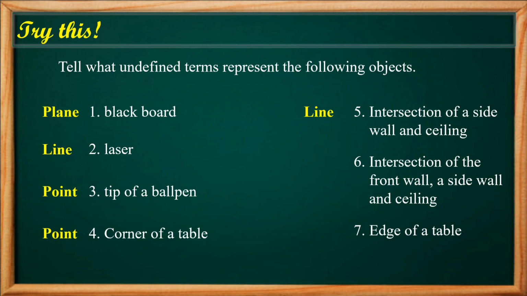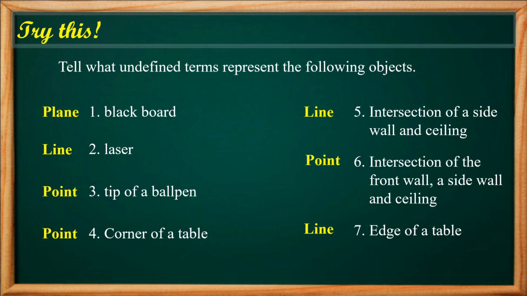It forms a point. That is the corner or a point. Okay, it represents a point. How about the edge of a table? That is a line. Kapag sinabi nating edge, nasa gilid. Okay, nasa gilid. That is the edge of a table.